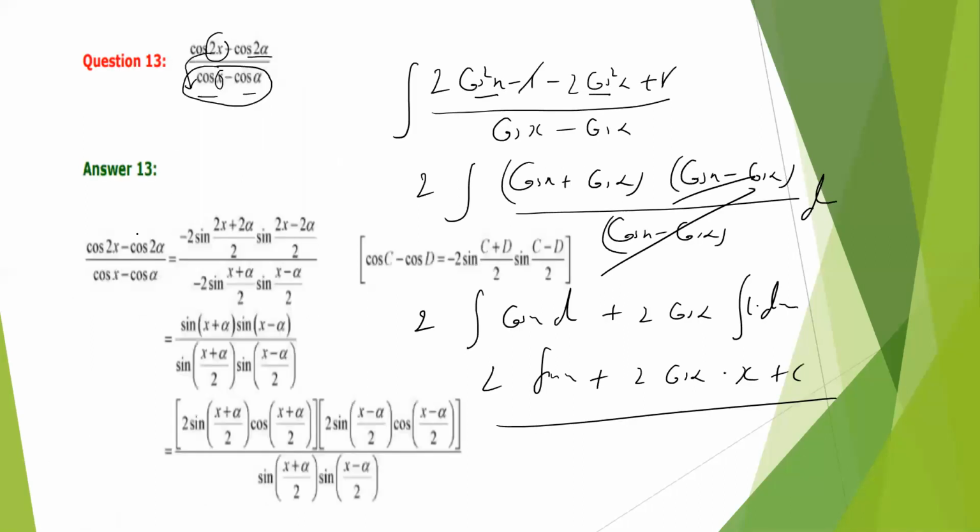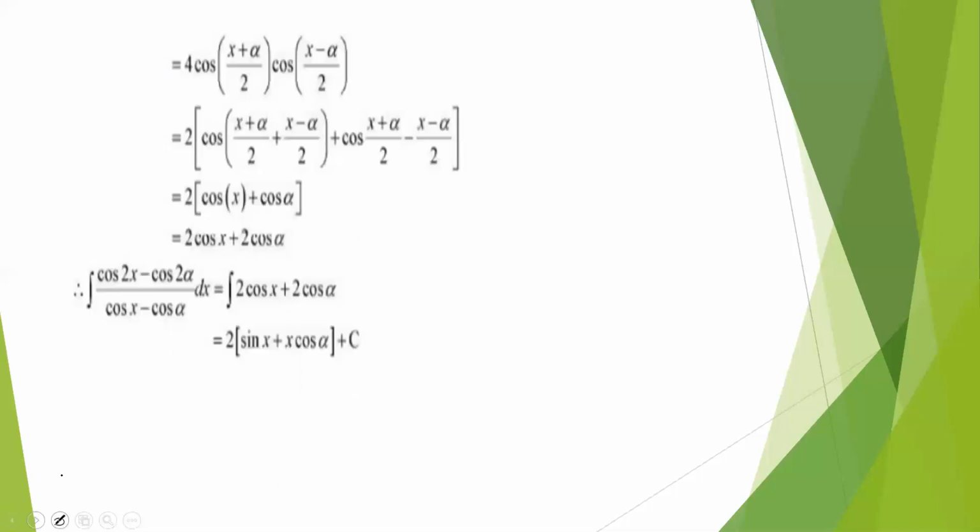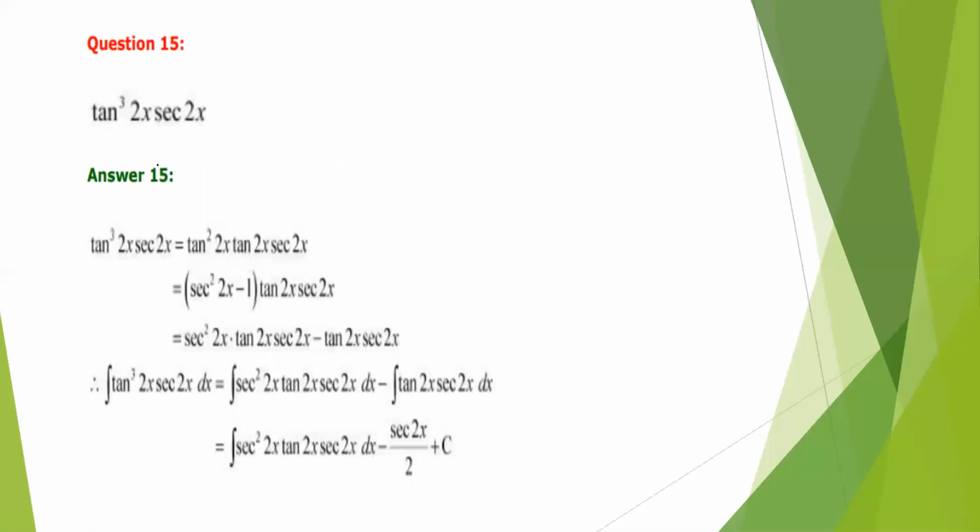You can do it by this method also, by using the CD formula. Next is tan cube 2x sec 2x. So whenever we are not able to remove the power or product, we think about substitution. If we take tan 2x as t, the derivative of tan 2x is sec square 2x, which is not present.